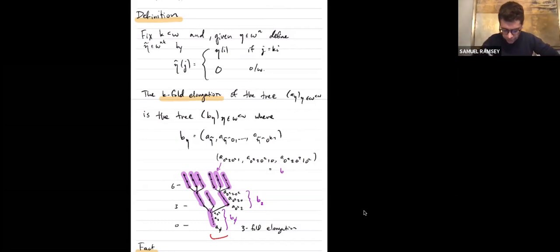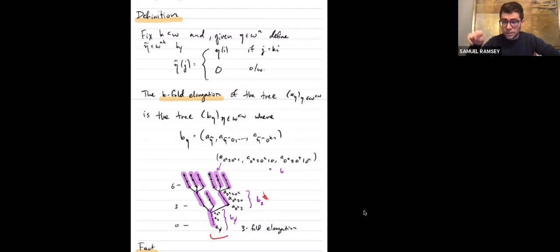And let's look at this thing here. So B2 here is a 3 tuple. What does it start with? Well, I have a 0 2 concatenated with 2. And then the next thing is a 0 2 concatenated with 2 concatenated with 0. And then a 0 2 concatenated with 2 concatenated with 0 squared. That's a 3 tuple like that. So I've taken this 3 tuple, and that's the next thing.